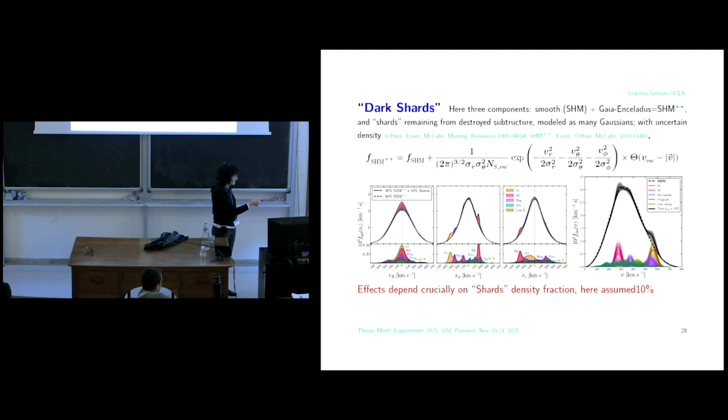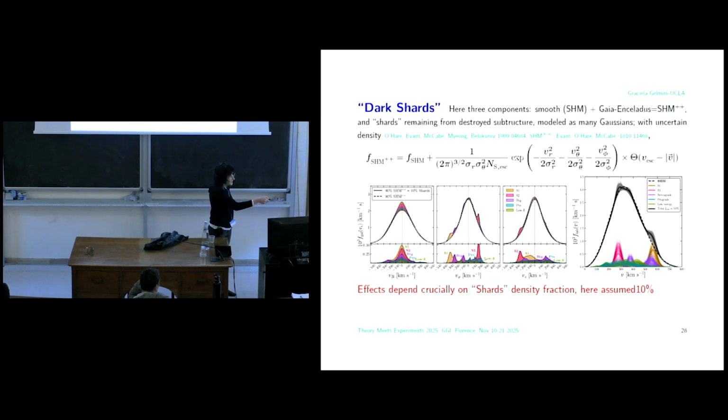These are velocities in the frame of the sun in different directions. So in different directions, you see different structures in velocity. And then in speed, at the position of the solar system, you see something like this.